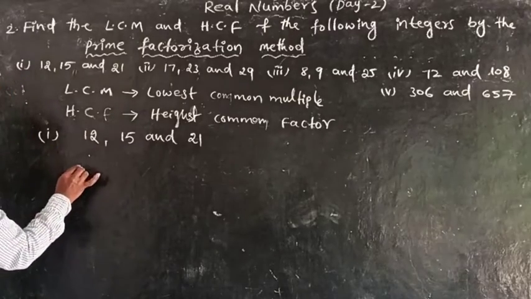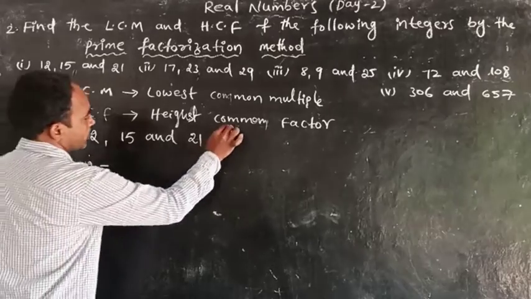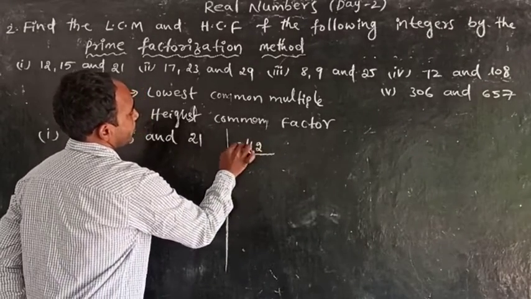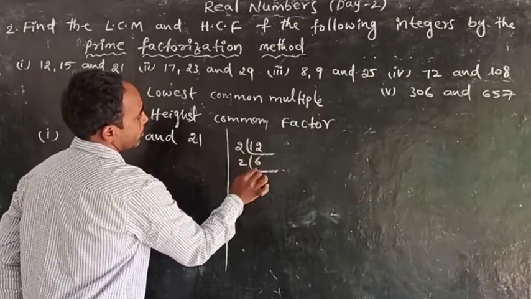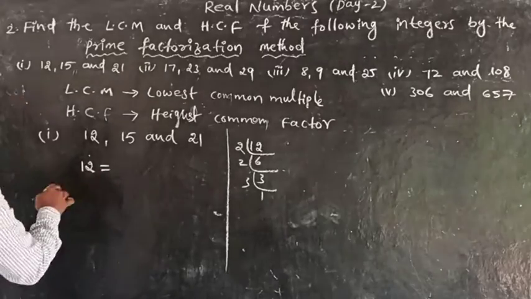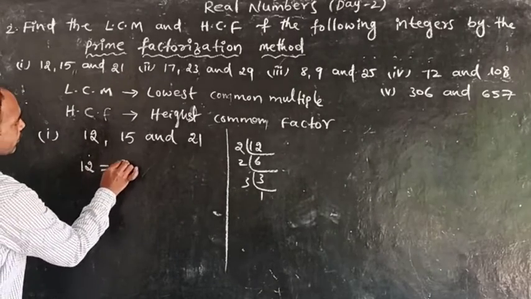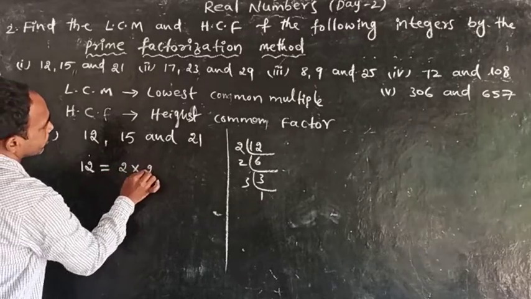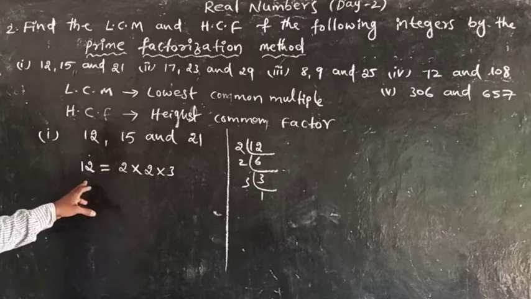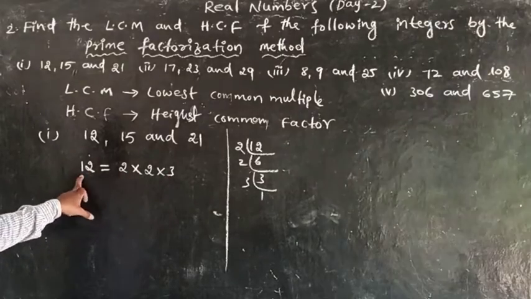First we will write the prime factors of 12. 2 sixes are 12, 2 threes are 6, and 3 ones are 3. So the prime factors of 12 are 2 into 2 into 3, the product of the prime factors of 12.